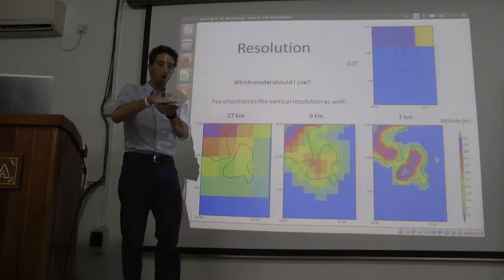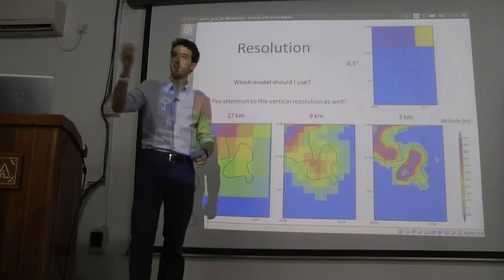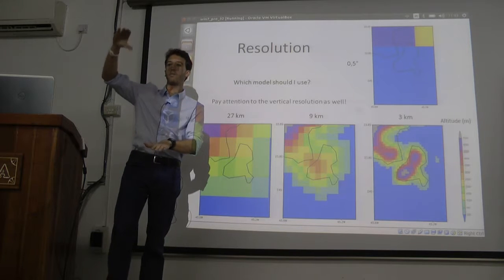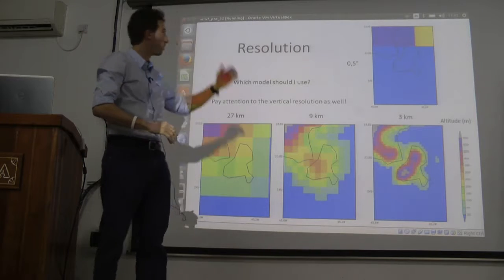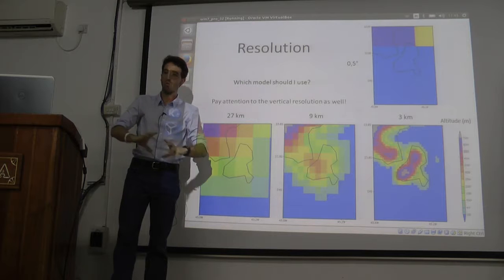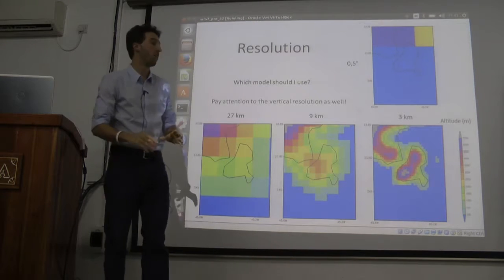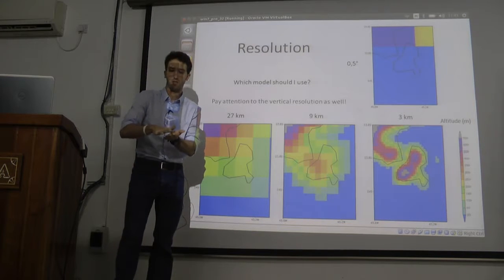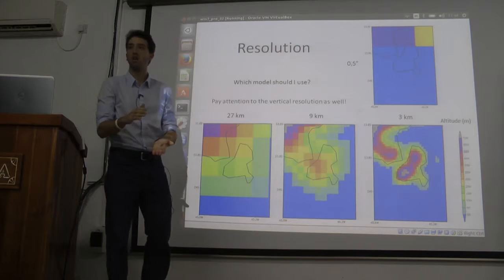You asked yesterday, and you verified that putting more levels high in the stratosphere changed the rain near here in the troposphere. A lot of things can happen, because the model has a default way to distribute the vertical levels.